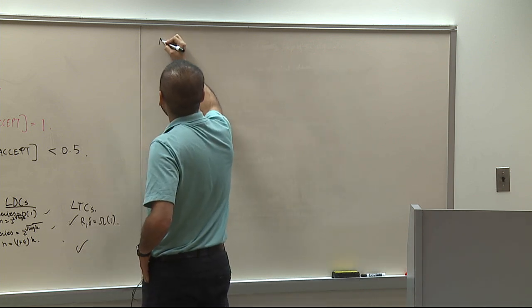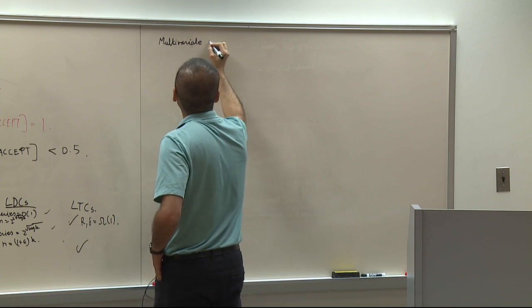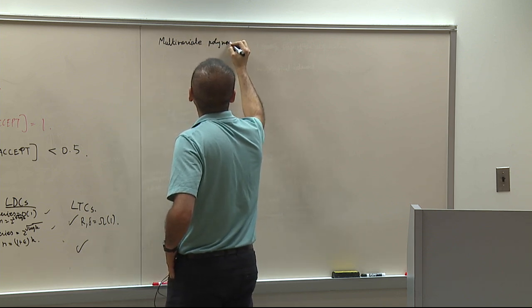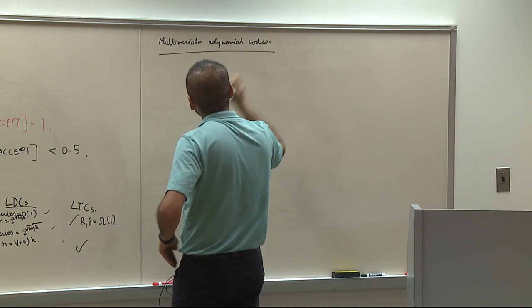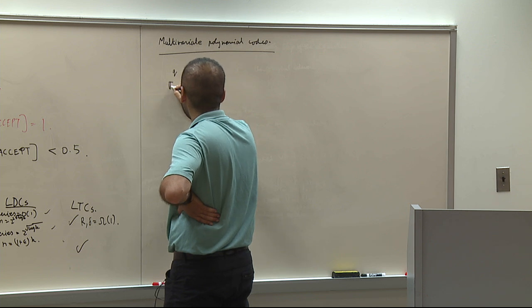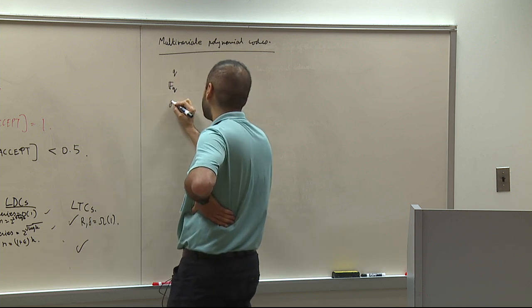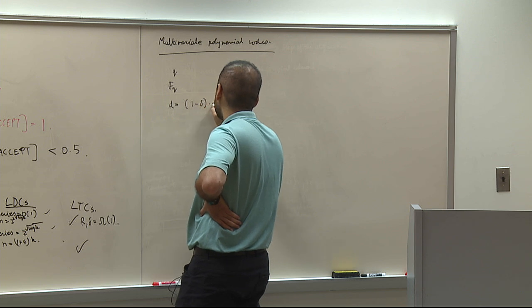Okay, so these are multivariate polynomial codes. We have q, which is a prime power, so we have F_q, the finite field. We have a parameter d, which is going to equal (1 minus delta) times q.